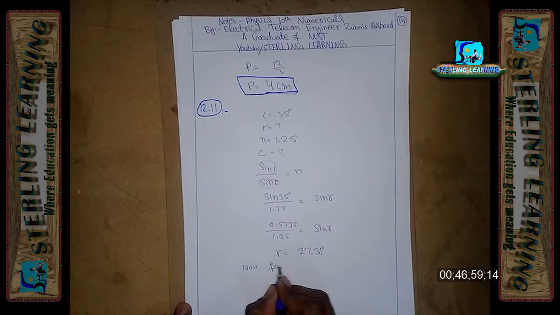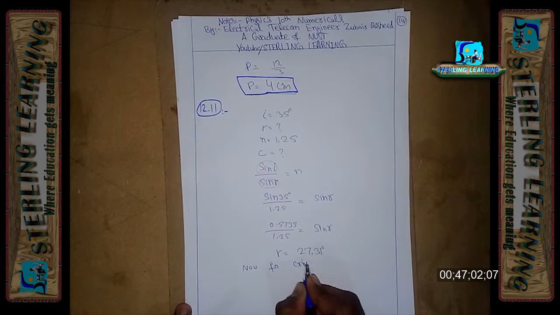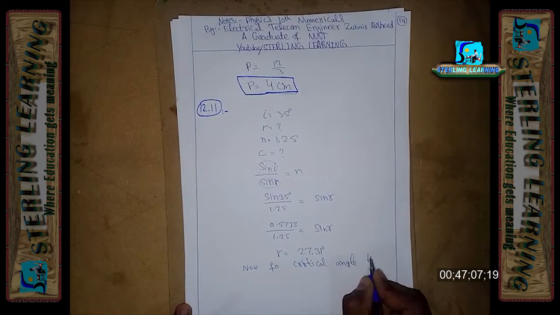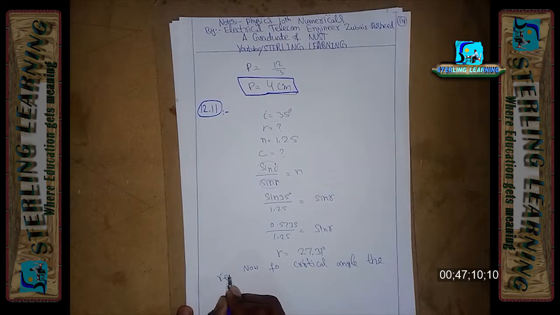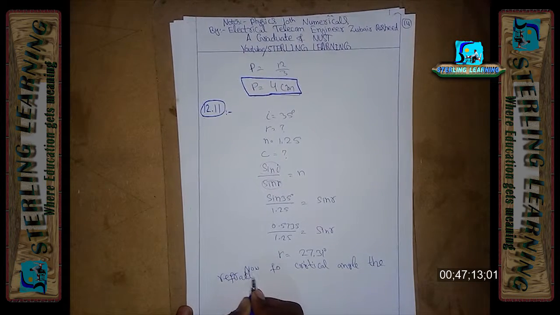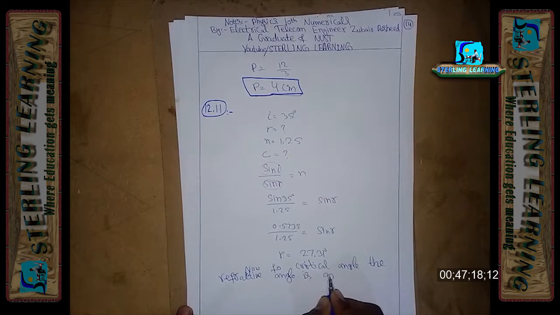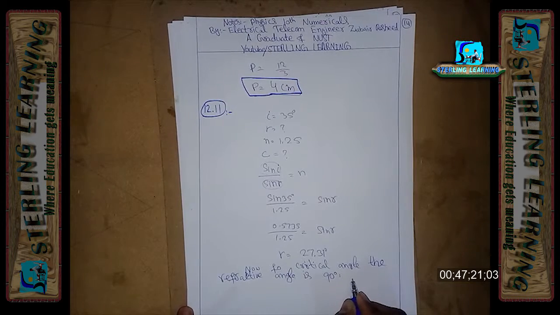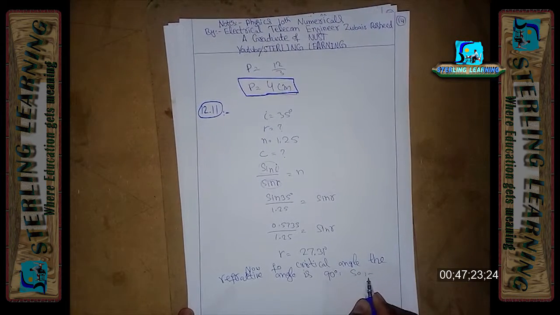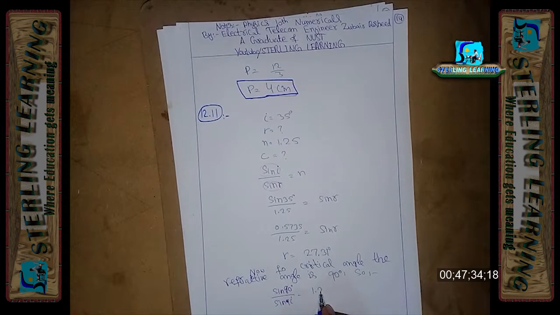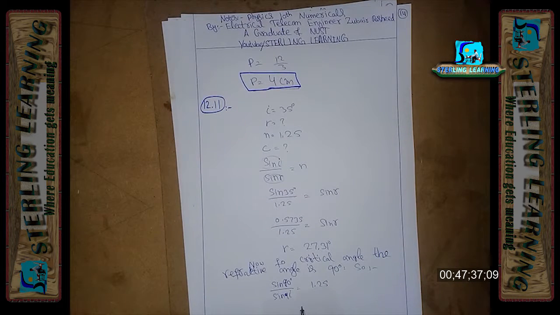Now for the critical angle, the refracted angle is 90 degrees. So sine 90 over sine I is equal to 1.25. This is for the critical angle calculation.